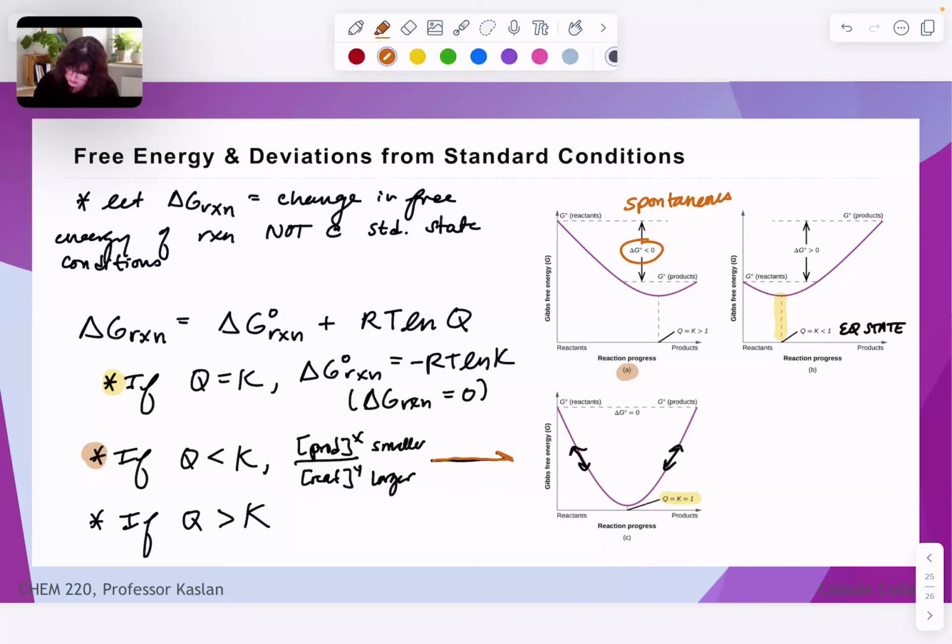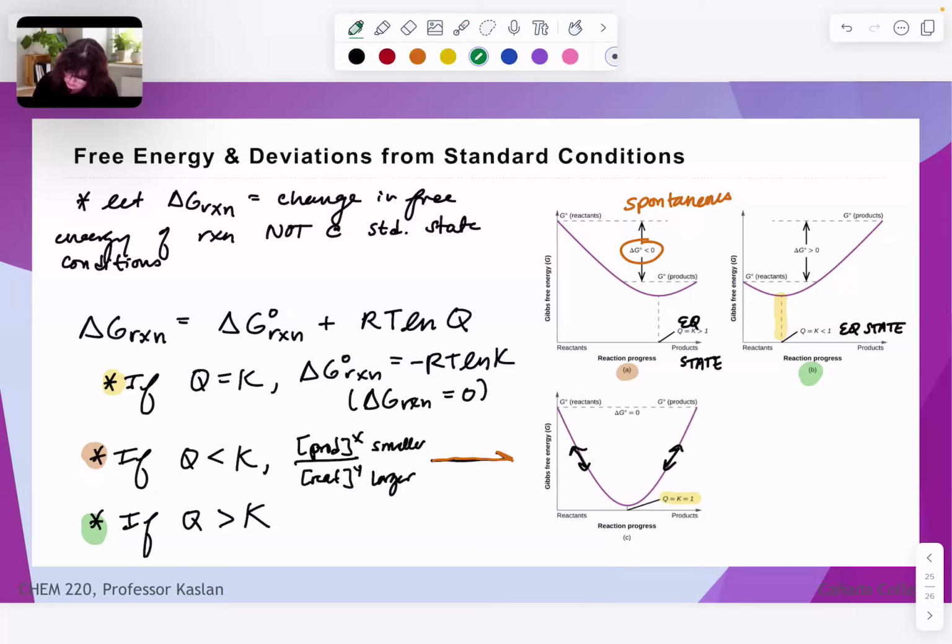Which would mean that, looking at if Q is greater than K, here's our equilibrium state. This is going to be the exact opposite of that.